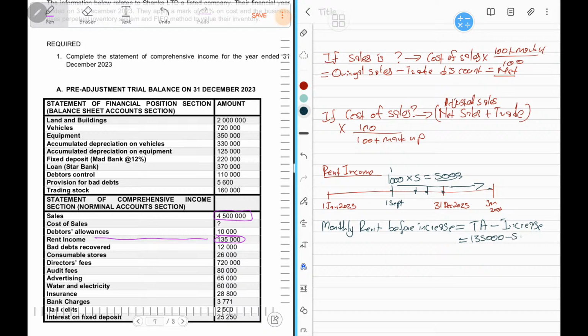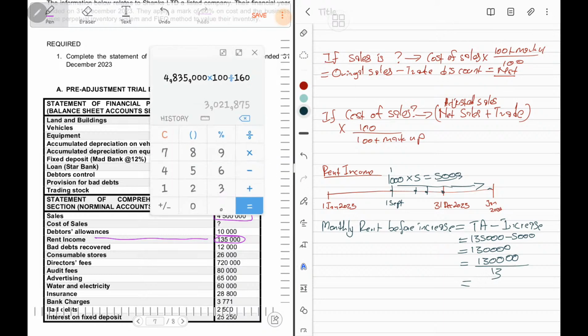Then we subtract the 5,000, then that'll give us 130,000. Then we find the monthly rent by taking the 130,000 and dividing it by 13. That gives us 10,000 per month.